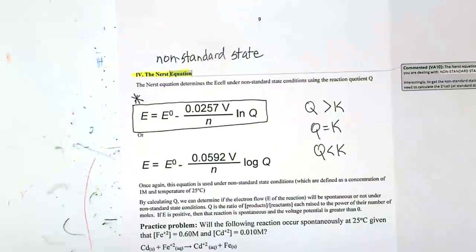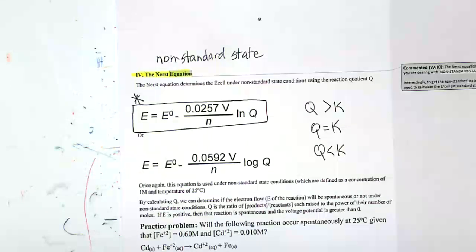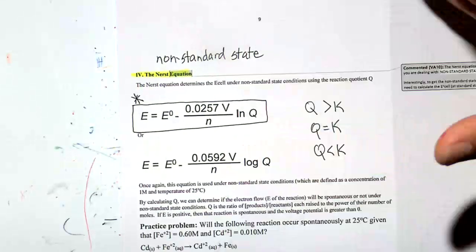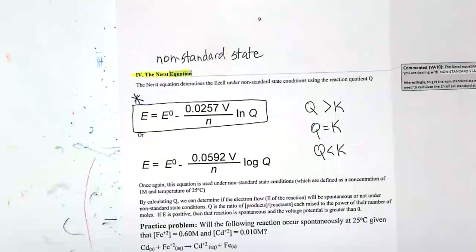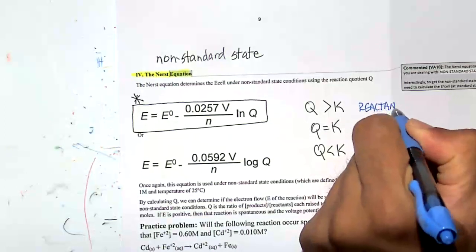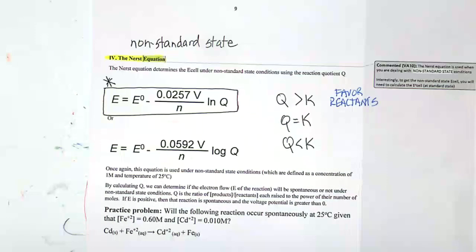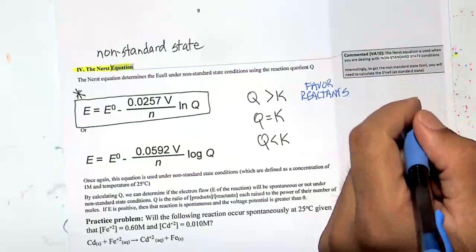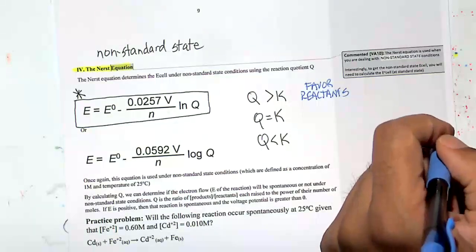When the alligator jaws point to the reactant side, this favors the reactants, which implies a negative voltage, because the alligator jaws, or gator claws, point to the reactants. Favor reactants, and this is a negative voltage. This is a dead battery in all essence.